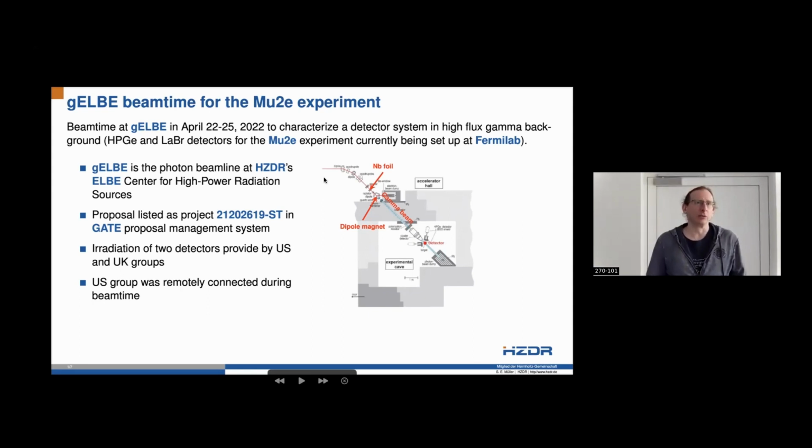So this was very good to test these detectors, which will be used for the normalization of this Mu2E experiment.